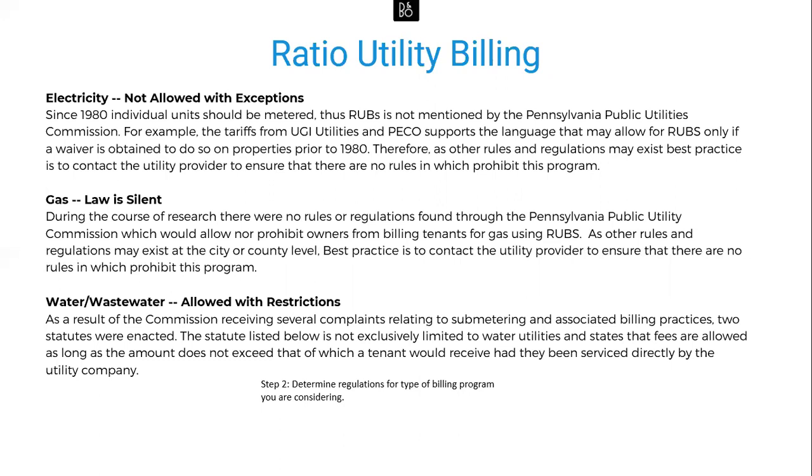And then lastly, for RUBS, water is allowed, but you have to be careful to follow all the regulations regarding fees and make sure that your lease is crystal clear on how you're going to bill it. You don't want to be overly aggressive with any kind of fees. So it's a good idea to read the regulations, determine exactly what those are going to be, and make sure that everything is listed in your lease.